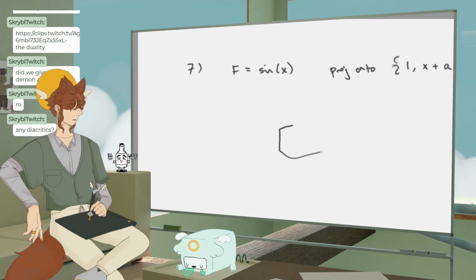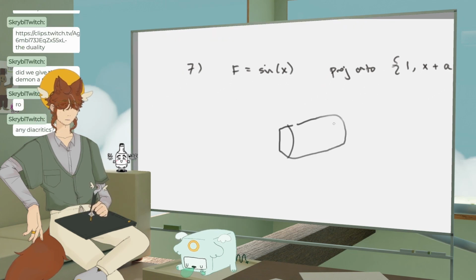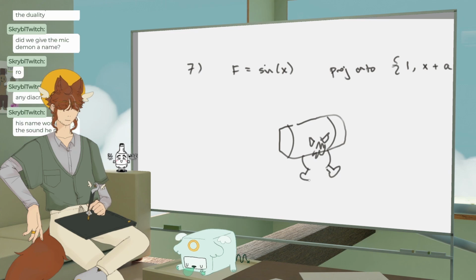He kind of looks like this. His name would be the sound he makes. Yeah, that's what I was thinking too. One of the sounds he makes. I don't want him to say his name this stream. That would be great if he didn't.